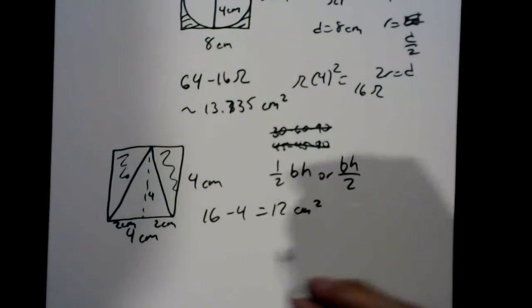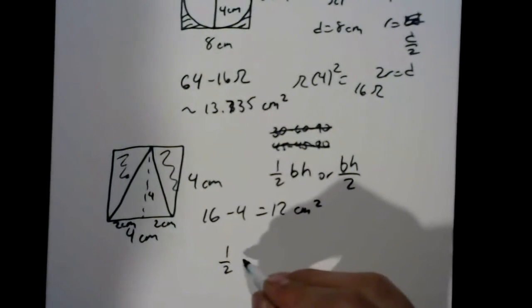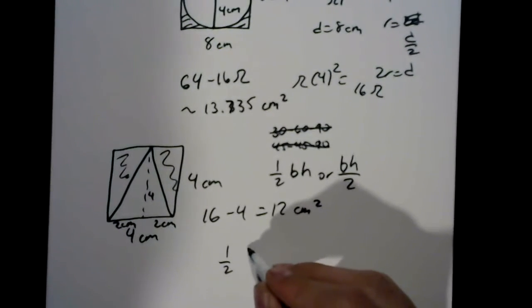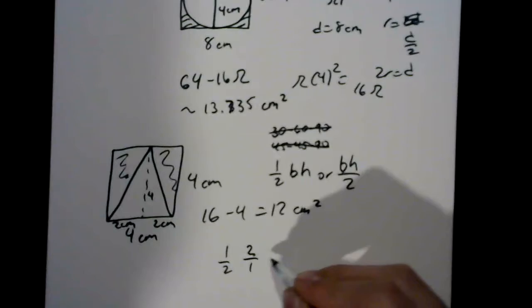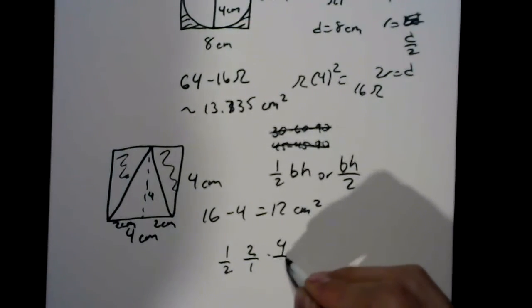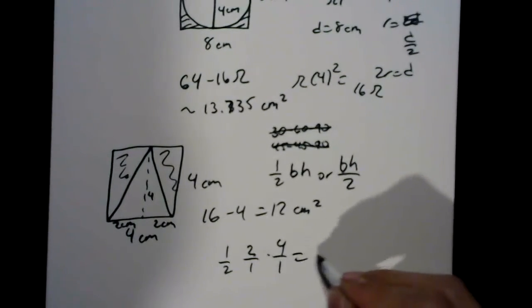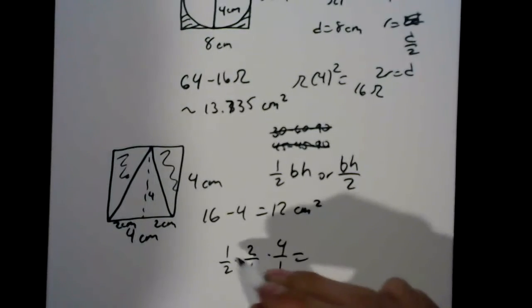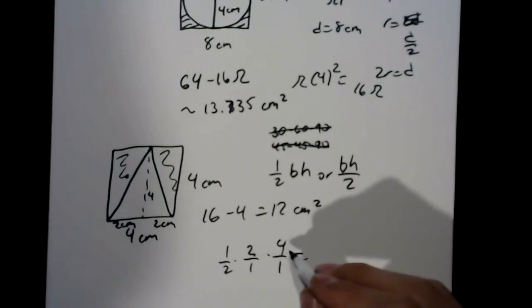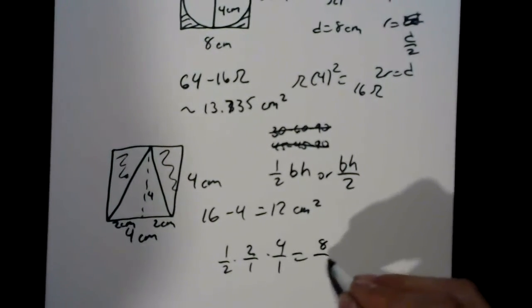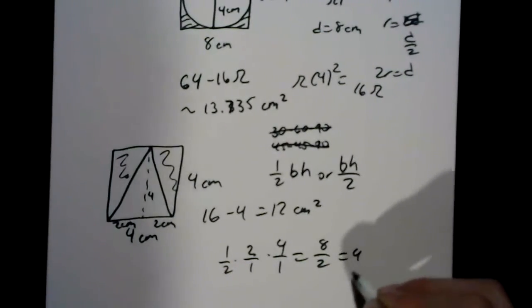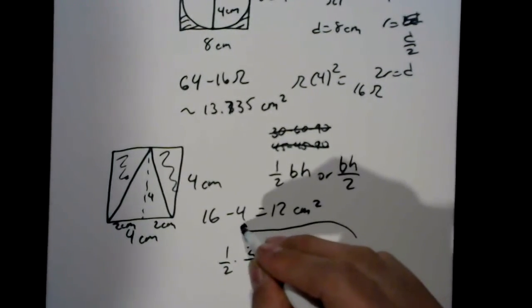Or you can say 1/2 times 2 over 1 times 4 over 1, which would give you 1 times 2 is 2, 2 times 4 is 8 over 2, which equals 4, which gives you that.